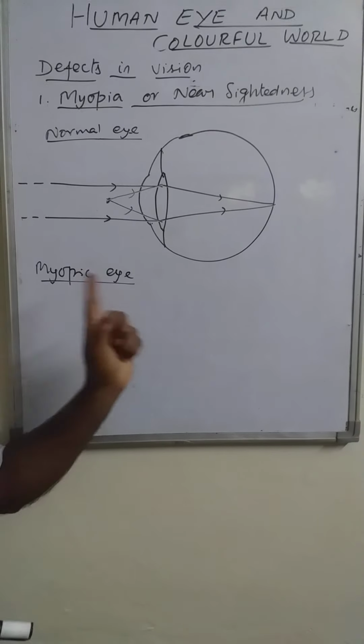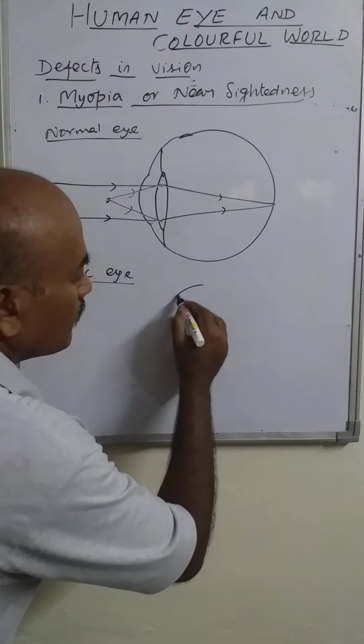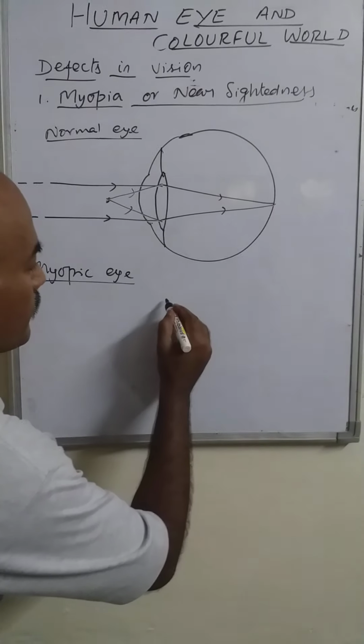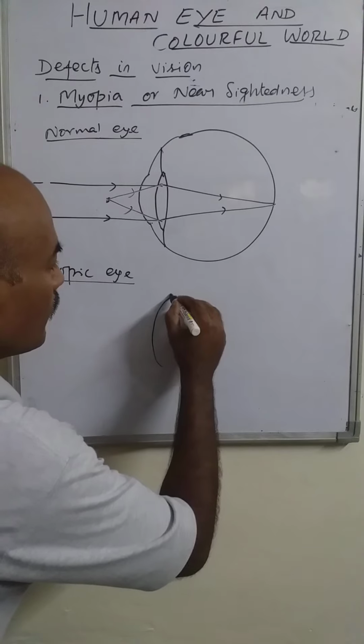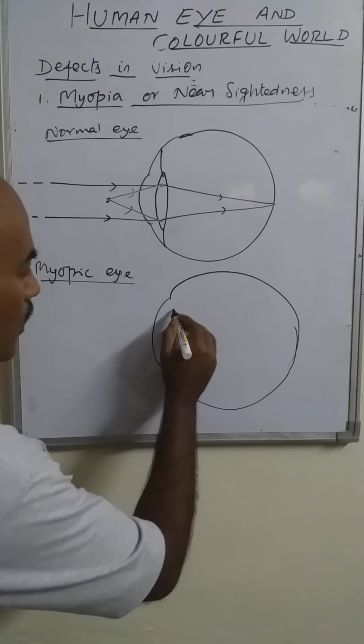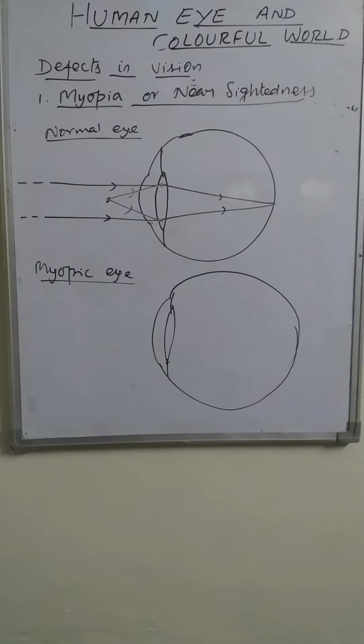In that case, how should the diagram be shown for the myopic eye, defected eye? See, in this case, the longer distant object is not able to be seen clearly by the eye. Why?